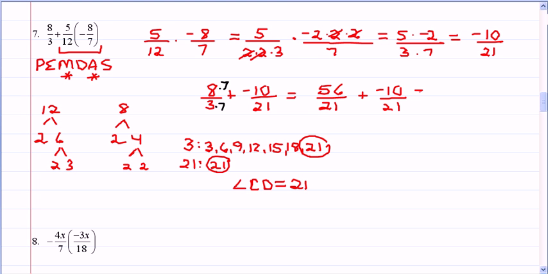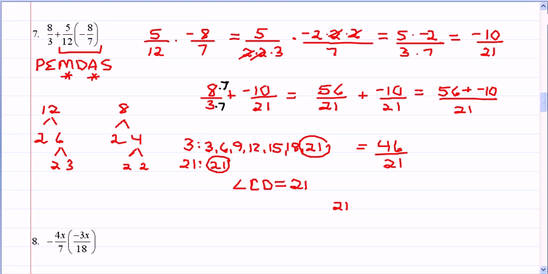The purpose of doing this is so that I can combine the numerators but keep the denominator as 21. So I have 56 plus negative 10 over 21, which is equal to 46 over 21. And 46 over 21 is my answer as an improper fraction.